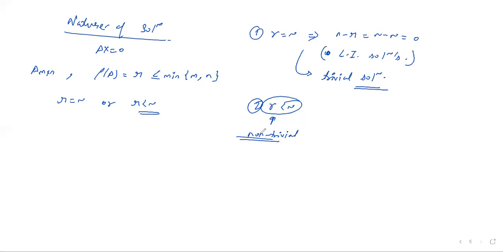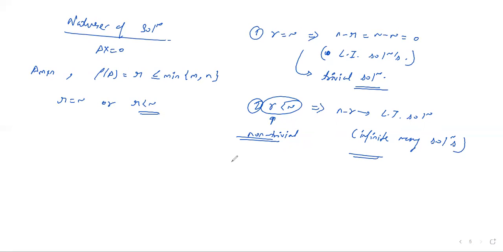The system will possess a non-trivial solution only when our rank is less than the number of unknowns, or number of columns. Then n minus r is the number of linearly independent solutions, and we will have infinitely many solutions. So this is the nature of the solution of the homogeneous linear equation.